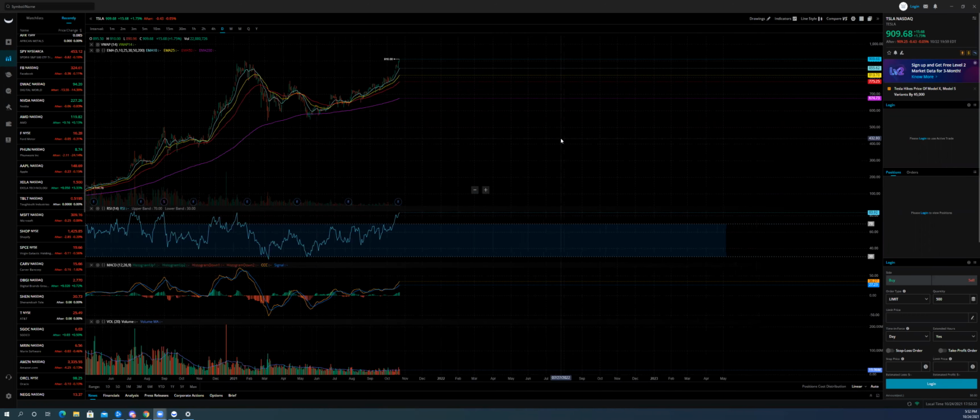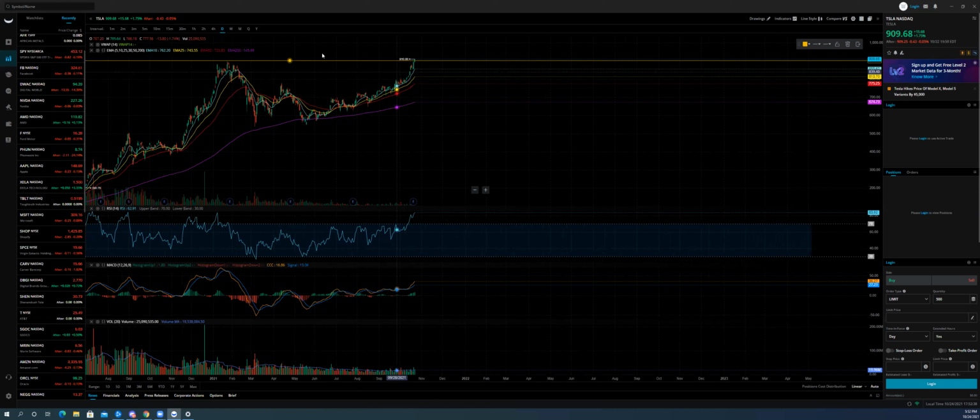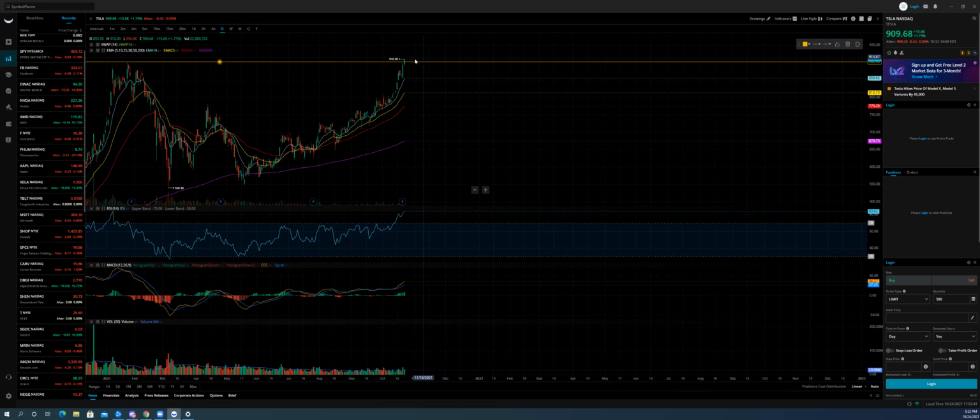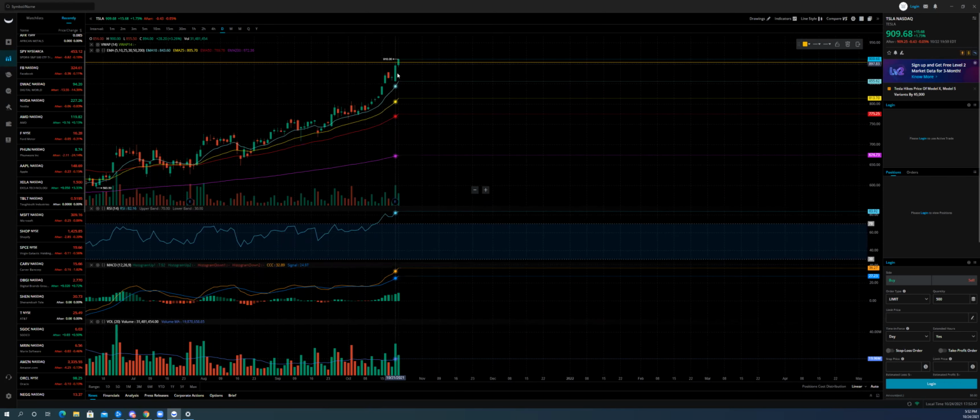But other than that, there's not much to chart on Tesla's chart other than this horizontal line right here. It already broke out of the triangles that it had. And then right there, you had that all-time high, and it still closed with a massive bullish engulfing candle.